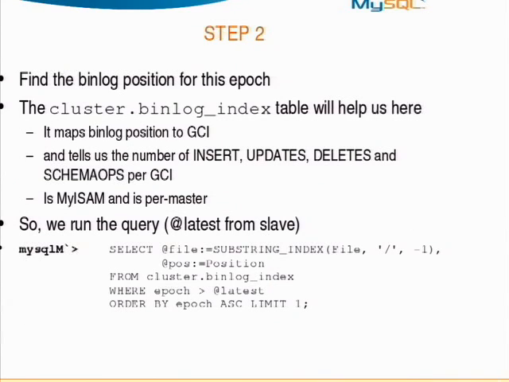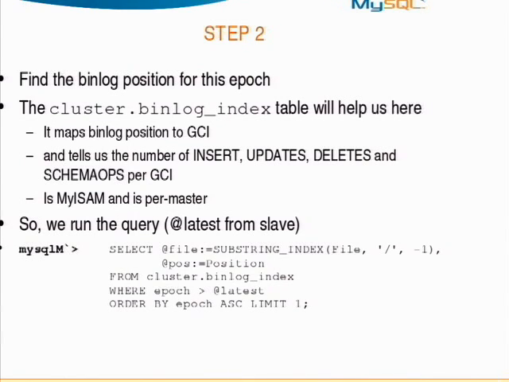We want to find the binary log position for this epoch. Since you have multiple servers being able to produce a binary log from the master side, you can end up purging bin logs at different times, or even bringing them up to produce a bin log at a different time. So the position in the binary log, like the binary log file number and position, can be different for epochs on different machines. So we have a binlog index table, which maps bin log position to the global checkpoint, which is the epoch.